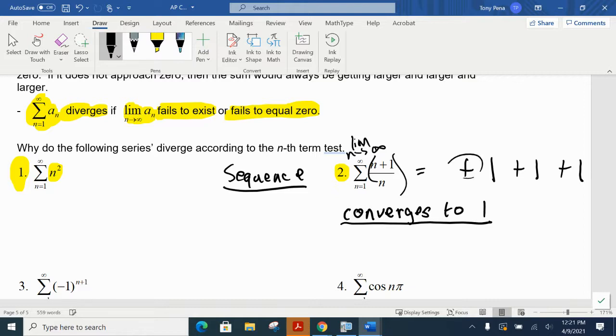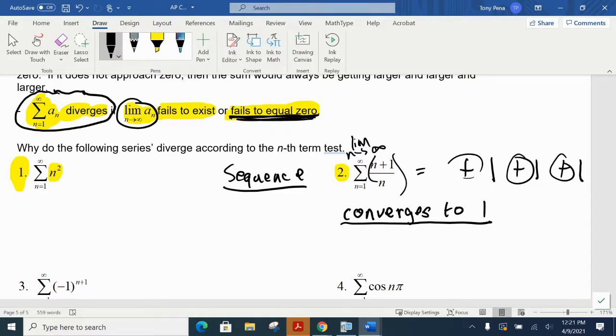Well, if I'm going to be adding all those up, wouldn't that make our sum just be getting larger and larger and larger? So that's what this is saying. If our series, or this is telling us, our series will diverge if the limit as n goes to infinity fails to equal 0. It has to equal 0.